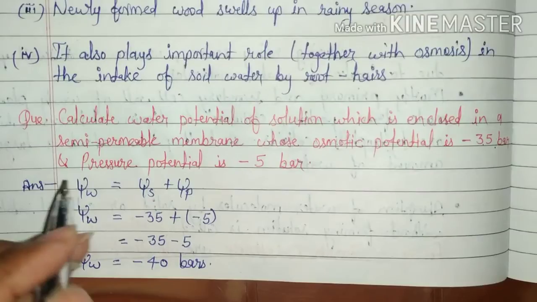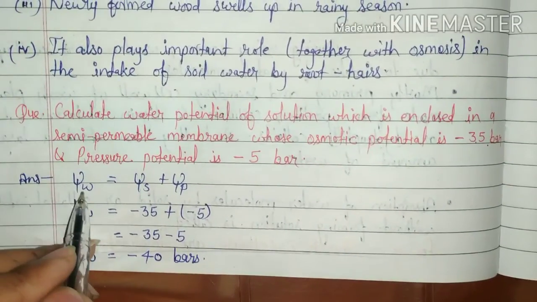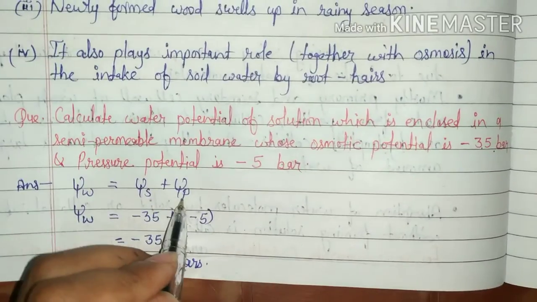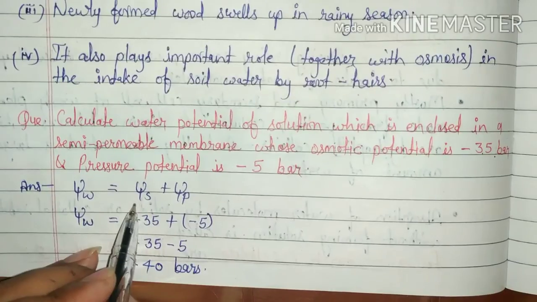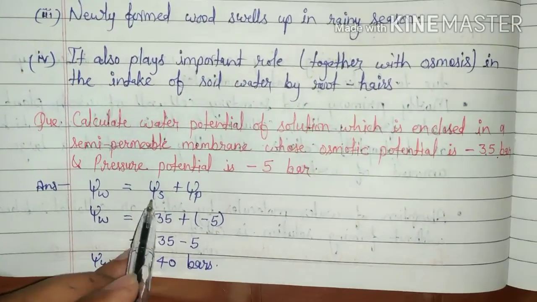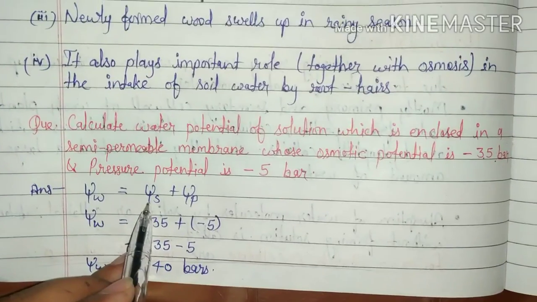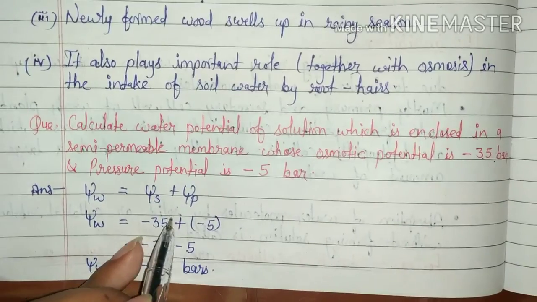Solution: as we know, water potential is equal to psi s plus psi p. Psi s represents the osmotic pressure and psi p represents the turgor pressure.